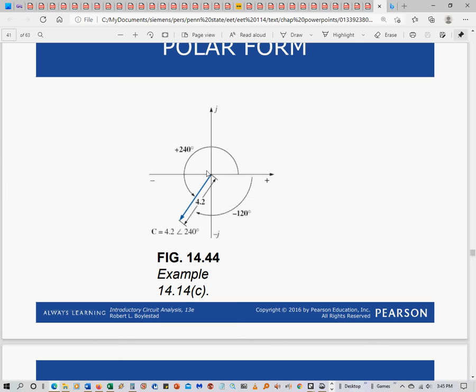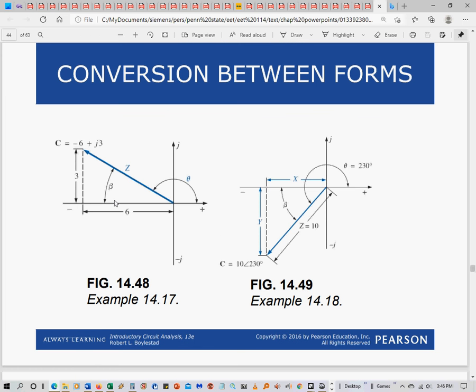If you get, for example, a 4.2 angle of 240 degrees answer, if you convert it to rectangular form, you're going to get two negatives. You're going to get a negative for your imaginary and a negative for your real component. So see this example here.